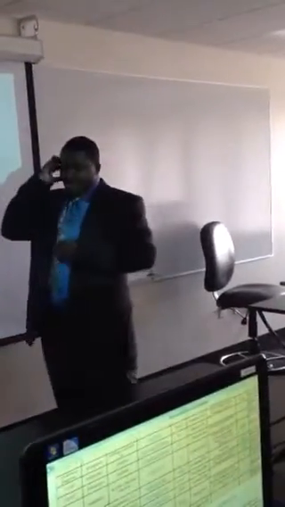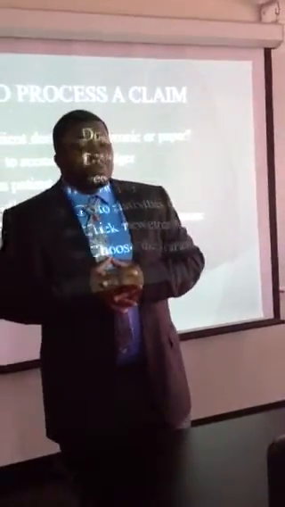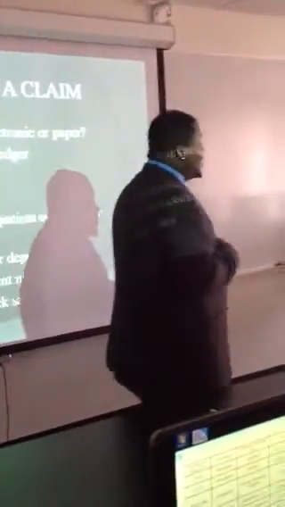Now, does anybody know the difference between how long it takes to process paper-based and electronic-based? Paper, 30 days. And I think electronic is 14 or 15 days. That's about right.